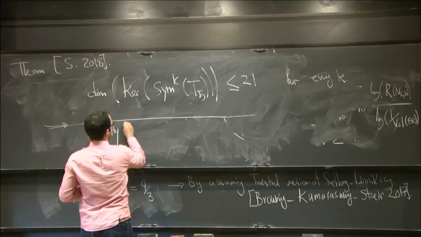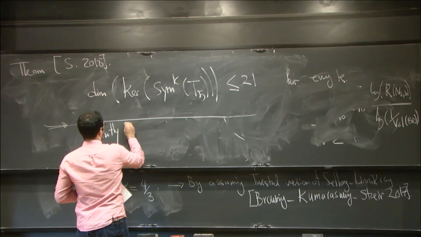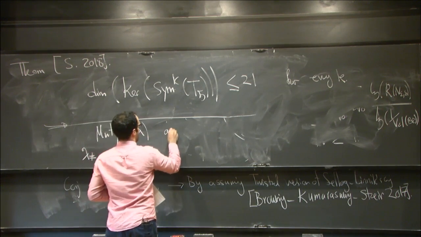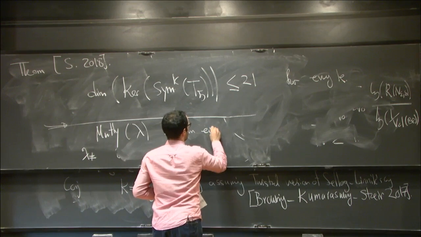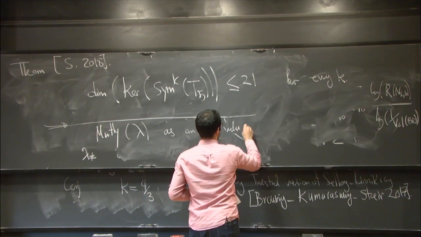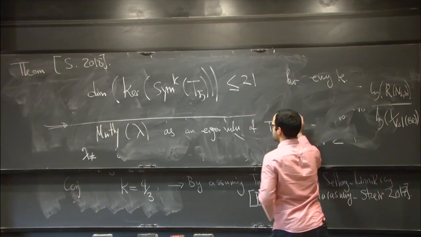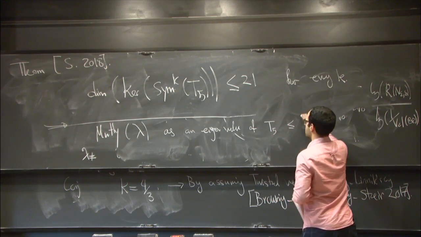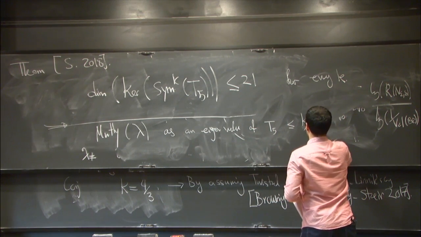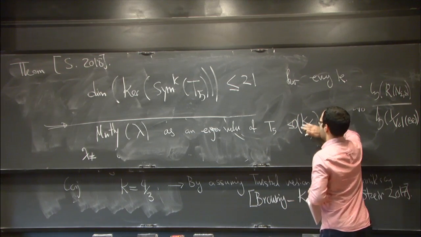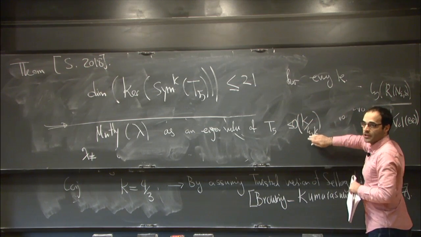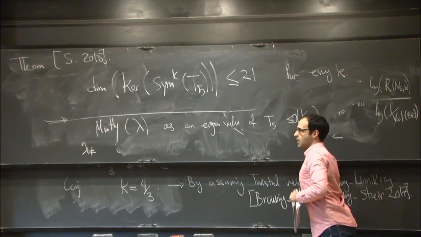So the multiplicity of lambda as an eigenvalue of T5, the best known bound is by trace formula. It's K over log K. K is the trivial bound, the dimension. Log K you can save by trace formula.